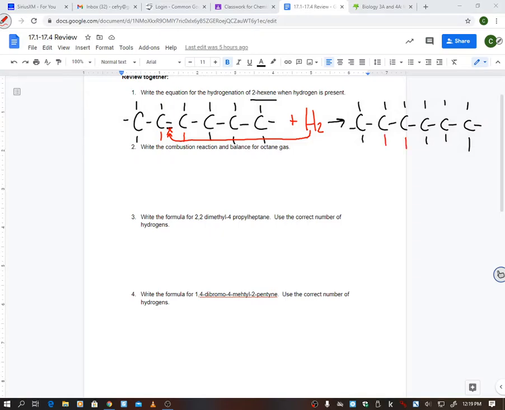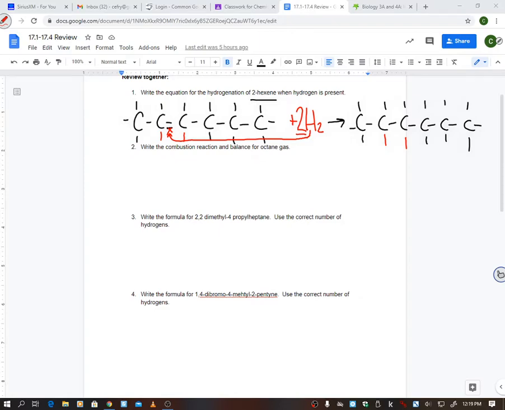So now you went from 2-hexene to just hexane. Now you can do this with a triple bond also, it's just breaking up bonds. Now if I would have put a 2 here, I would have been able to break up 2 bonds. So if I had a triple bond, that would have worked for that. But anyways, let's move on down.